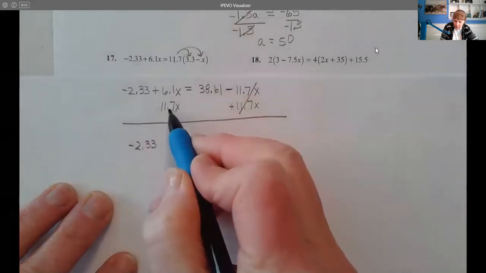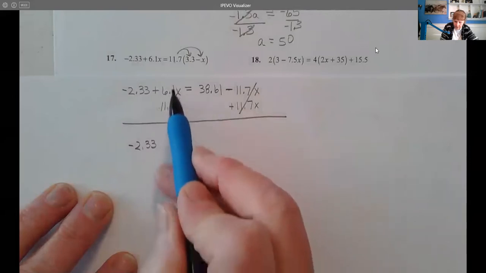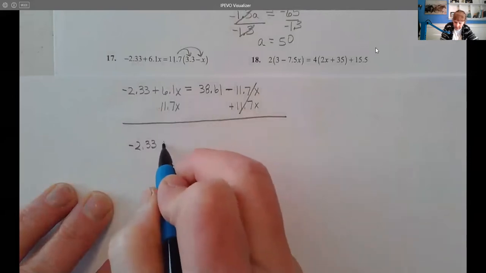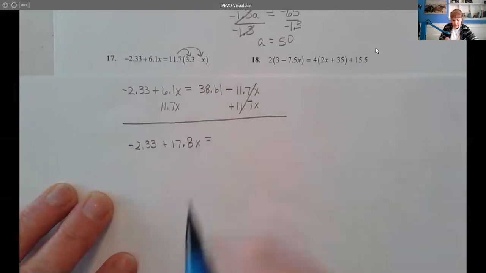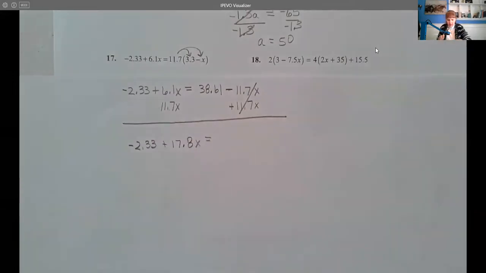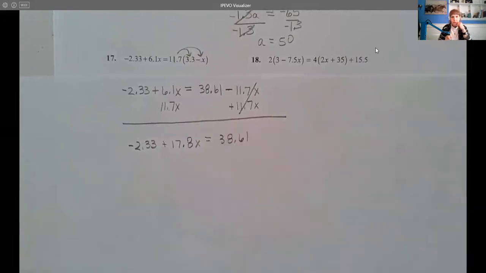We have 11.7 plus 6.1. Okay, those are similar, so we'll add them together and get 17.8x. Okay. And then on the right-hand side, we still have the 38.61. Now we have the x's on one side.